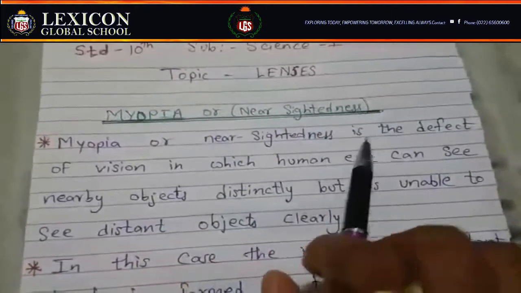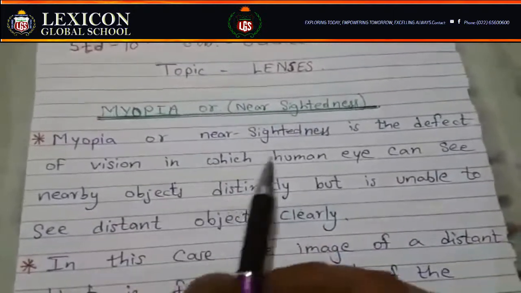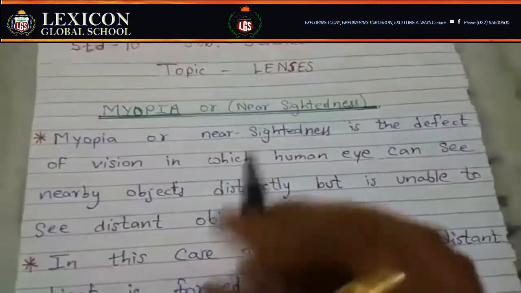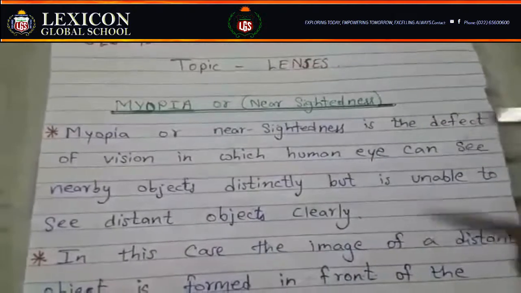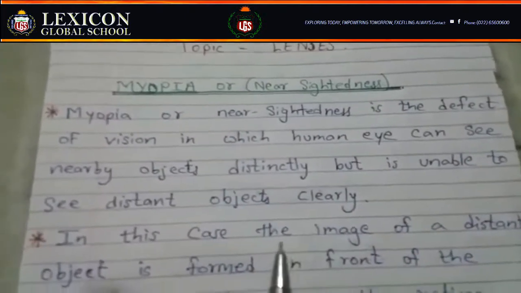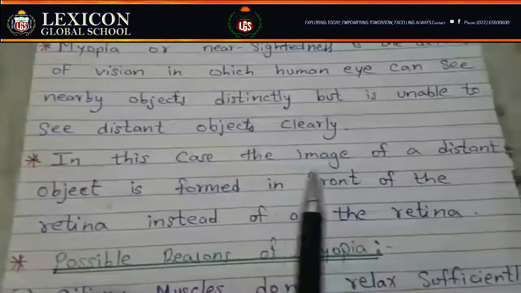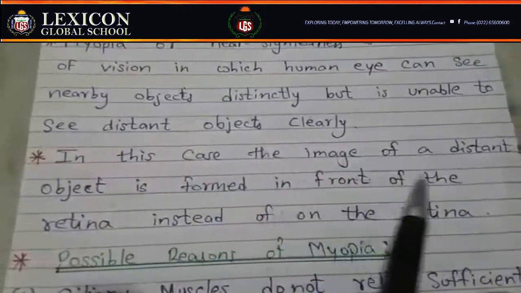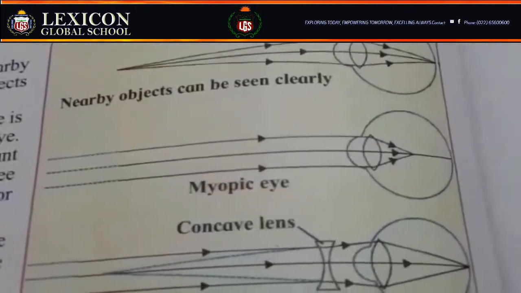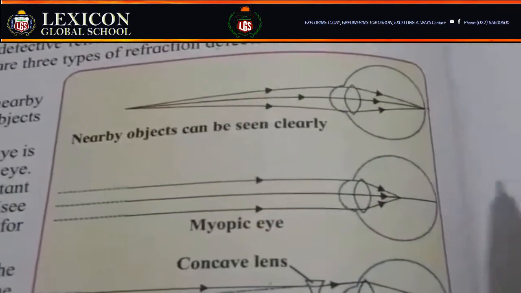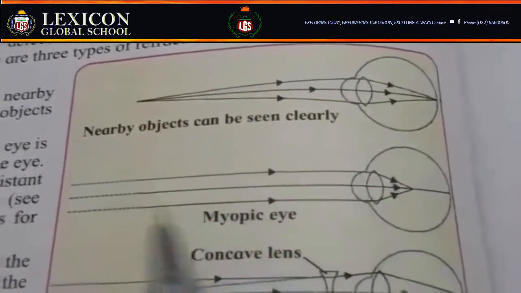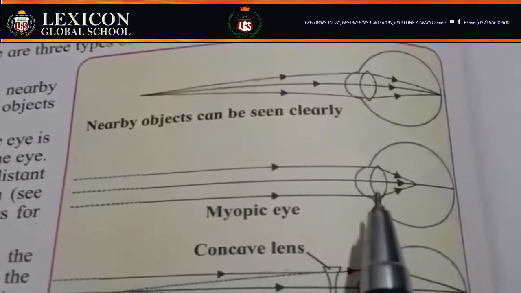Myopia or nearsightedness is a defect of vision in which the human eye can see nearby objects distinctly, but we are unable to see distant objects clearly. In this case, the image of a distant object is formed in front of the retina instead of on the retina. See here, these are the incident rays falling on the lens.